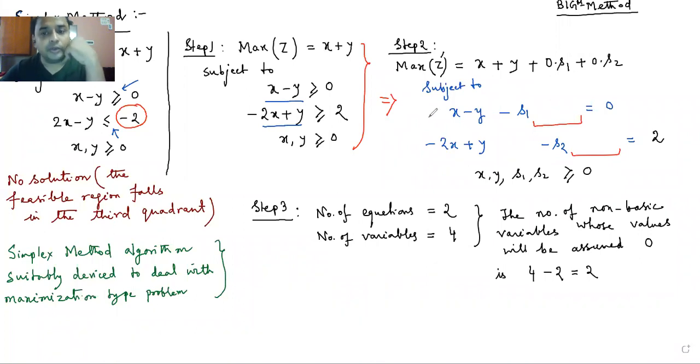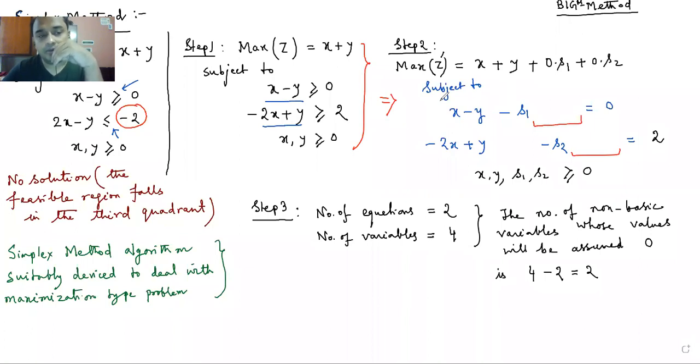And we all know that the convention is to start with the original variables. In the previous lecture also I told you that the convention is to start with the original variables. So we don't consider the slack variables to be 0. We first start with the original x and y, and once they are exhausted, we do something else.